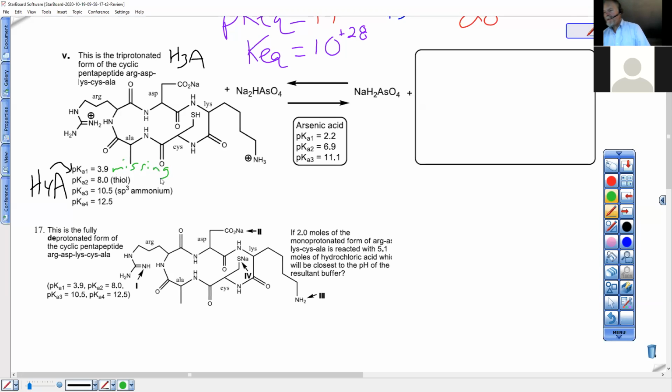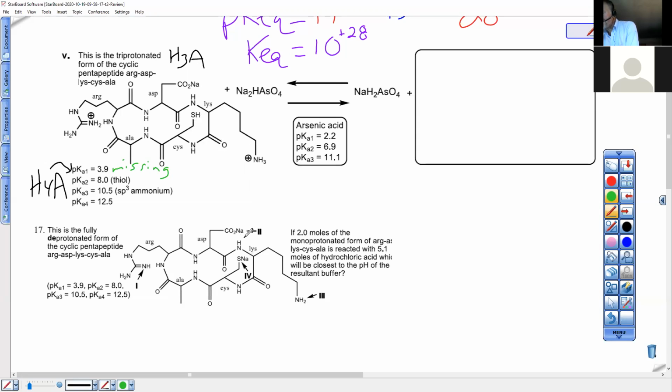Okay, and look down here and look up here, and let's see, this is the fully deprotonated, and we can figure out what H got taken off here because there's only one missing, and I see the only thing we have in common, that's different. This is different, and this is different, and this stayed the same.